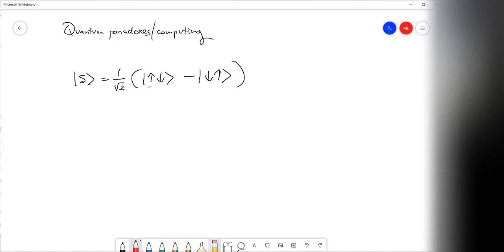So again, this is a tensor product, right? So this state, whatever it is, it's an element of a tensor product of two Hilbert spaces corresponding to two different spins. So you can imagine taking this first spin, right, and sending it off someplace, and then taking this other spin and sending it off to some other place, and then doing various experiments on it.